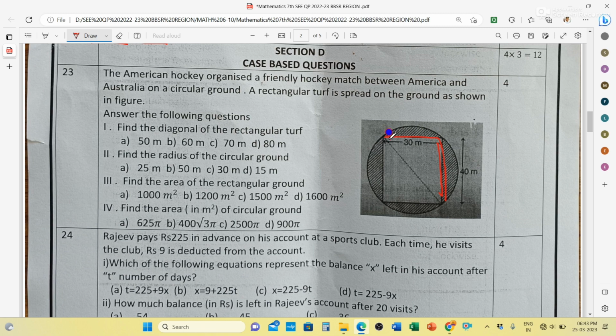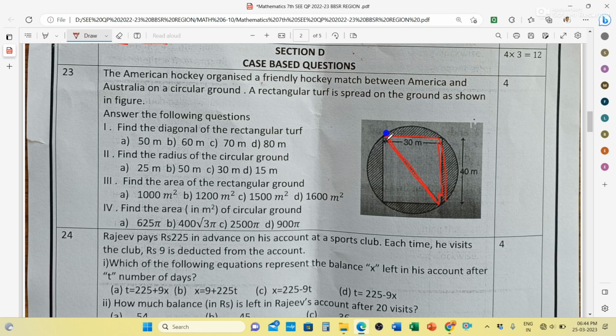Here you can see this is a right angle triangle. And you know, in a right angle triangle, according to Pythagoras, the square of the height equals the square of the base plus the square of the other perpendicular side.